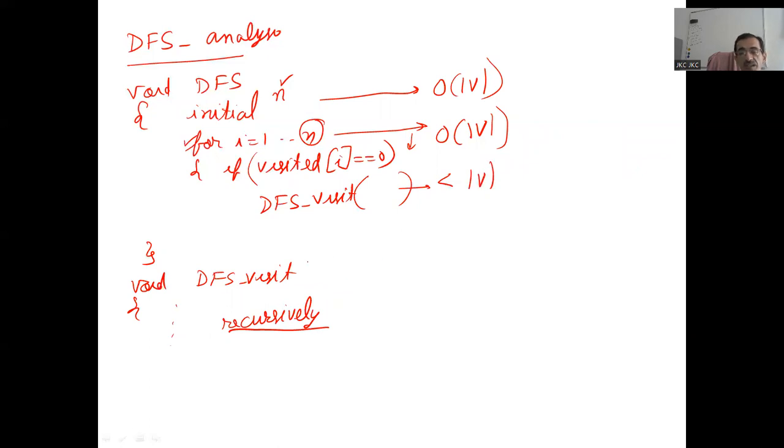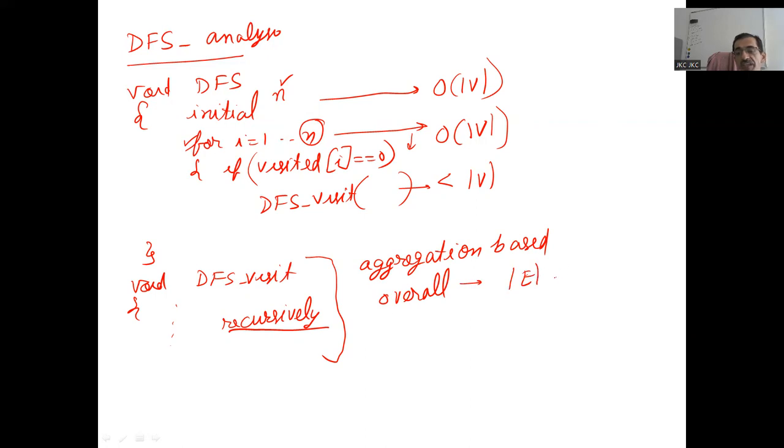But how to solve this? This also is an aggregation analysis. Overall, how many calls? Overall, guaranteed, again as in BFS we said, the total calls are going to be E times only. Exactly E times.